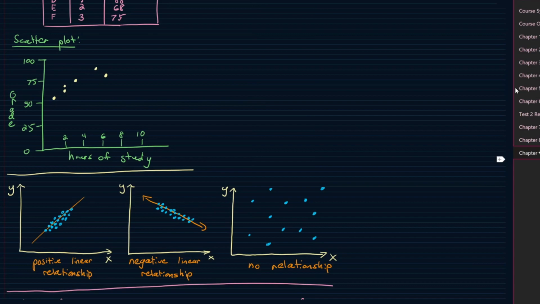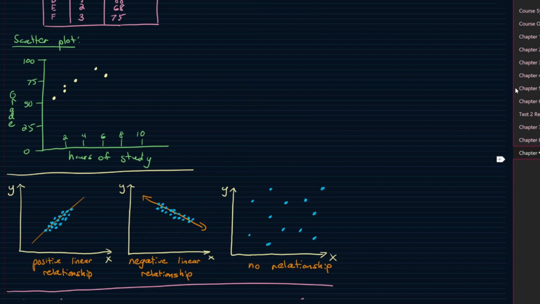And as you can see in these pictures that I've got here, the ones that are really clumped together, those do have some sort of linear relationship. They're close to each other when you graph them on x, y. The third graph, that would be something that has no relationship at all. There's no rhyme or reason.